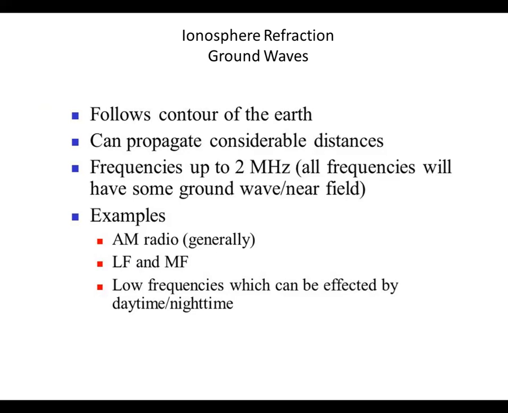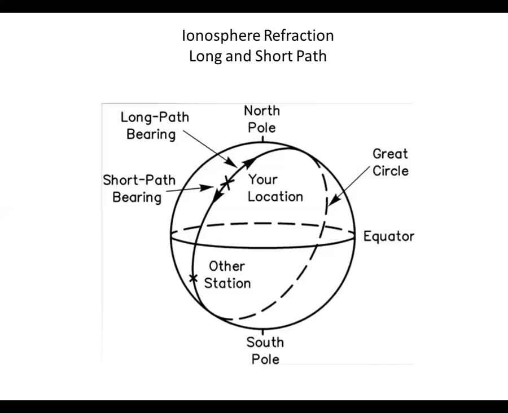All frequencies will have some ground wave or near field capability. So really what you're looking at there would be like AM radio, low frequency, medium frequency, and low frequencies which can be affected by daytime and nighttime.